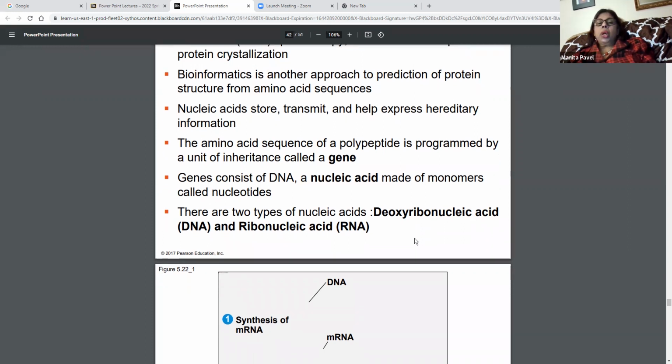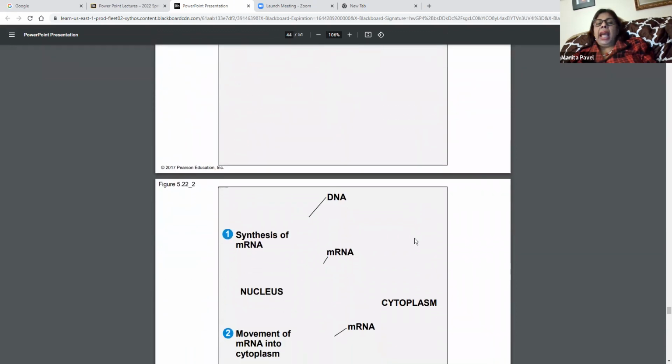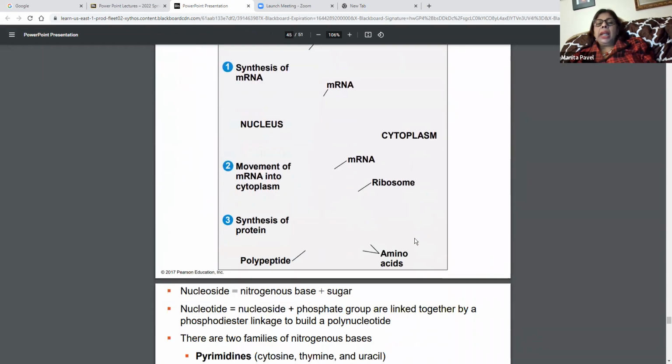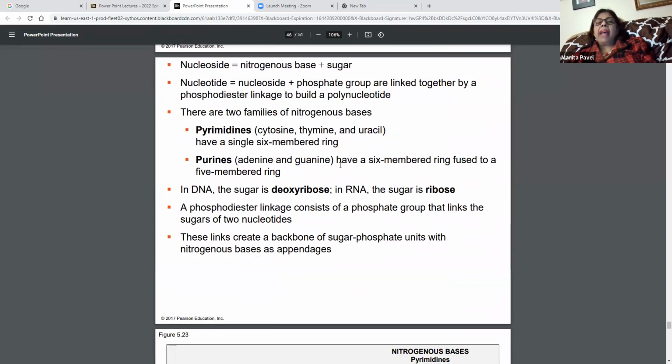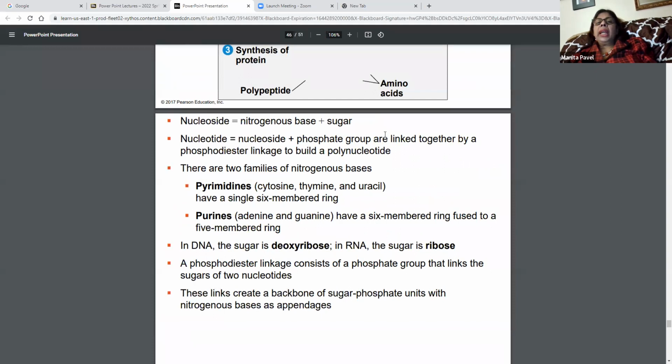Then we want to talk about what does DNA have? DNA has thymine present, THYMINE. RNA has uracil present, URACIL. What then is DNA consisting of?